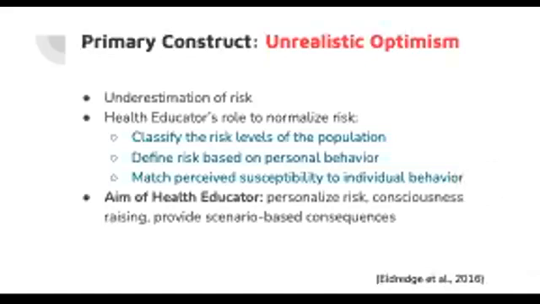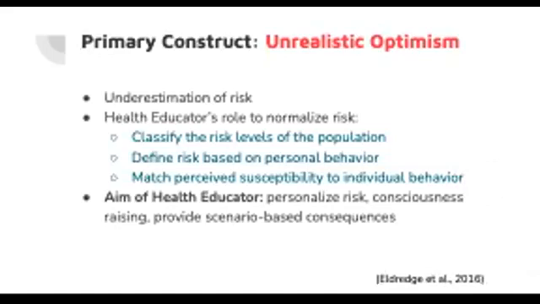The primary construct of the precaution adoption process model is unrealistic optimism. This is underestimation of the risk due to underestimation of the strategies others use to protect themselves, and stereotyping others as being at higher risk.